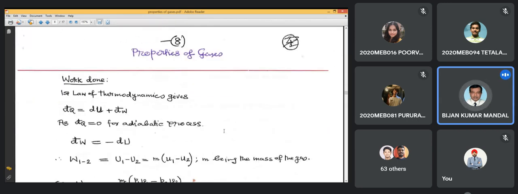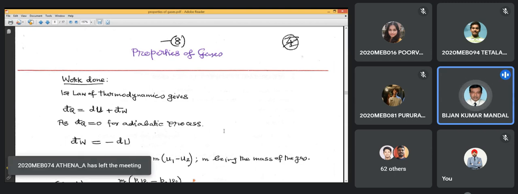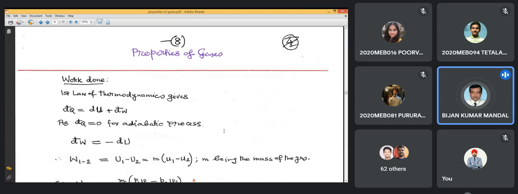Now work done. The first law of thermodynamics gives dq is equal to du plus dw, and in this adiabatic process dq is equal to 0, therefore dw is equal to minus du. We have already calculated the change in internal energy.